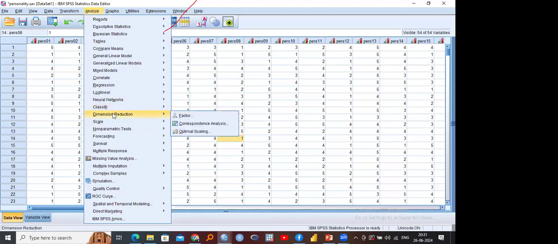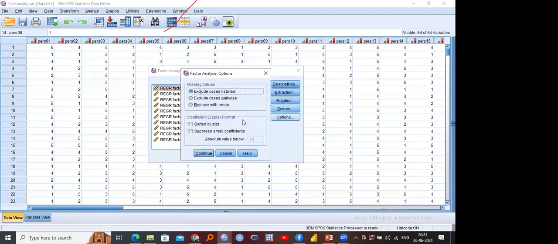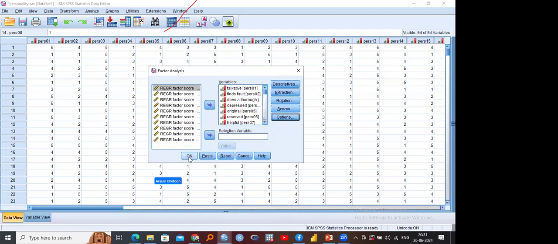Go to analyze, dimension reduction, factor, go to outputs, click on sort by size and click on OK.